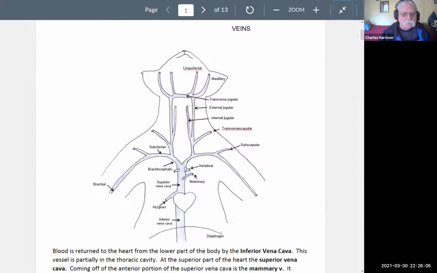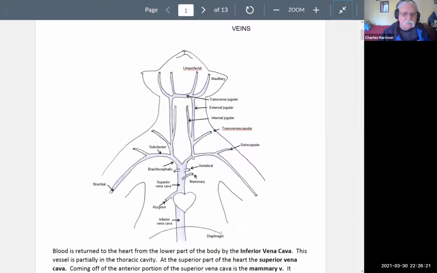We'll go off to the other side first. This is a brachiocephalic vein. Now it splits. Part of it's going to go up the neck, and part of it's going to go up the arm. We'll take the neck portion first.